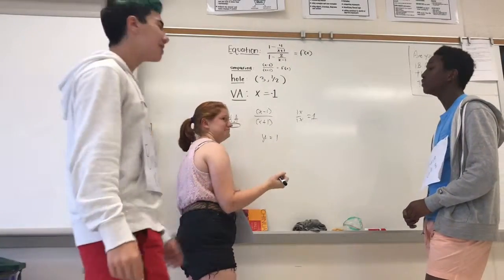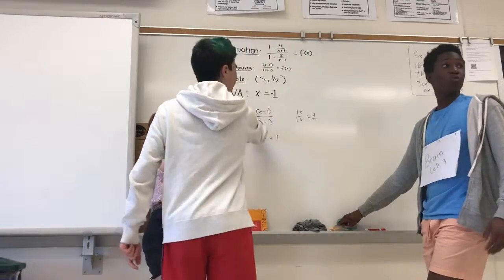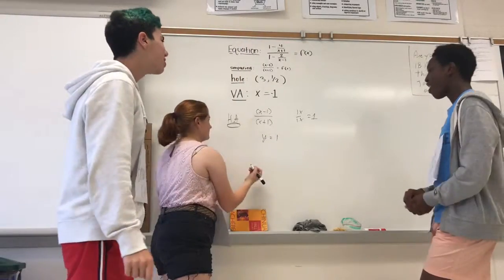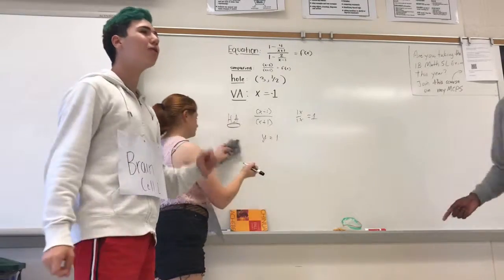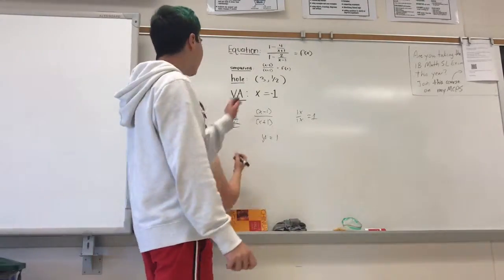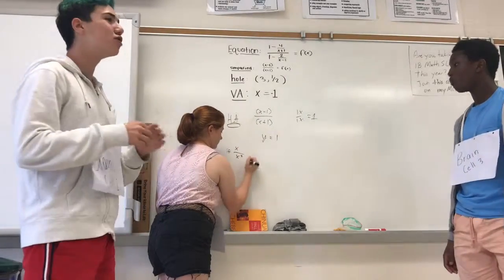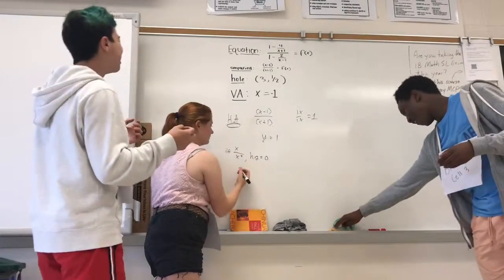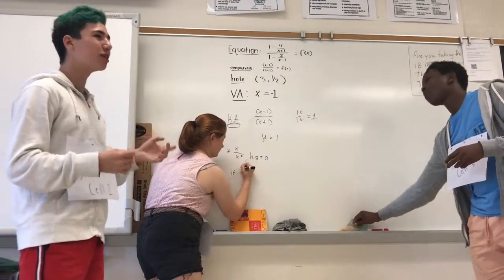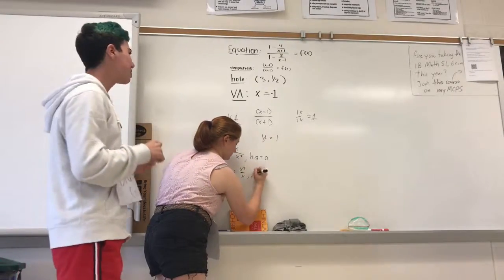We have discovered that if the degree in the denominator is larger than the degree in the numerator for x, then the horizontal asymptote is 0. And if the degree of x in the numerator is larger than the degree of x in the denominator, then there is no horizontal asymptote.